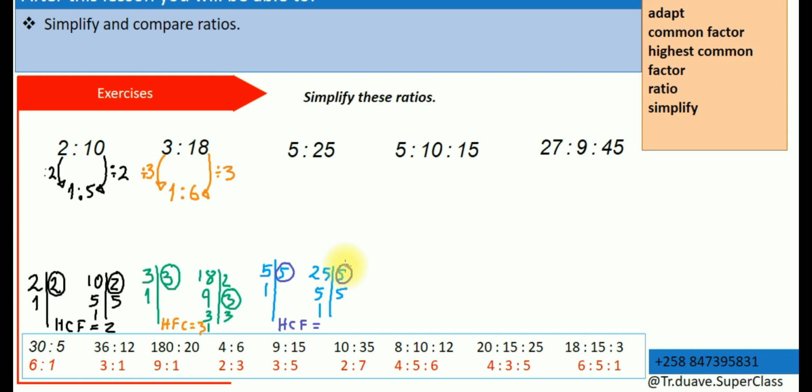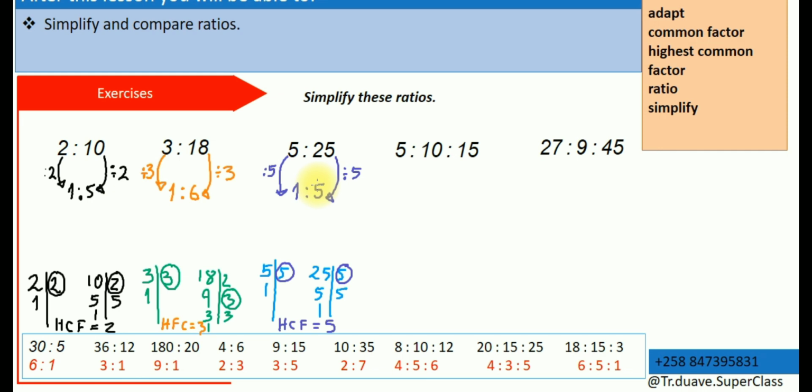So just pick one of the columns. We have 5 as our highest common factor, and let's divide each of the quantities by 5. 5 divided by 5 is 1, and 25 divided by 5 is 5. That's it.